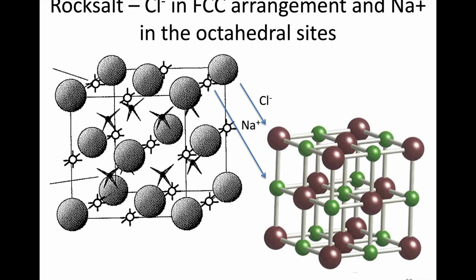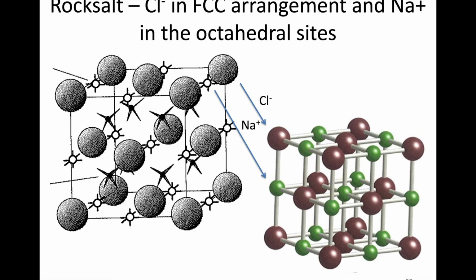And so for this structure, again, chloride is in an FCC arrangement, and also in this case, the sodium is also in an FCC arrangement, just shifted. So we can also think of this as interlocking FCCs, shifted by the unit between two atoms here.